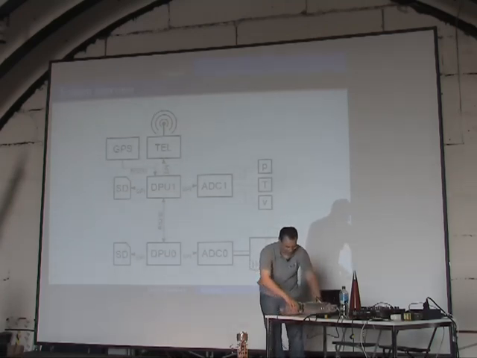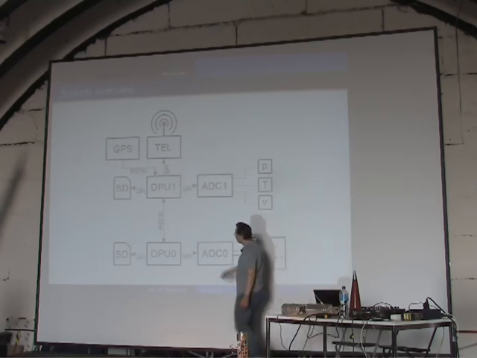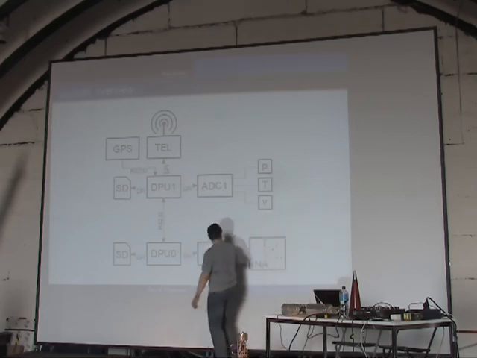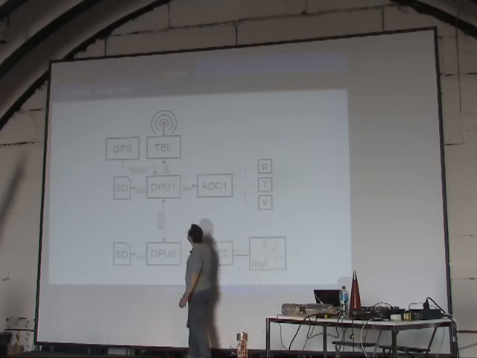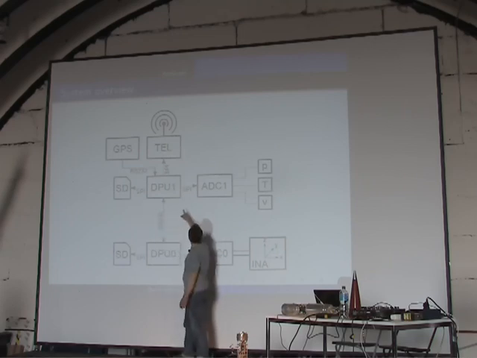These receive a stream of data from the lower section. All the data that comes from here is transferred to the upper DPU. It also puts it on an SD card, just to be sure. And then it sends it over telemetry.